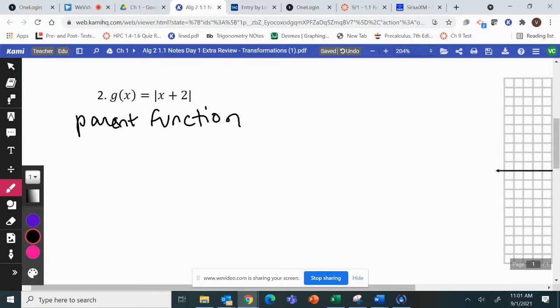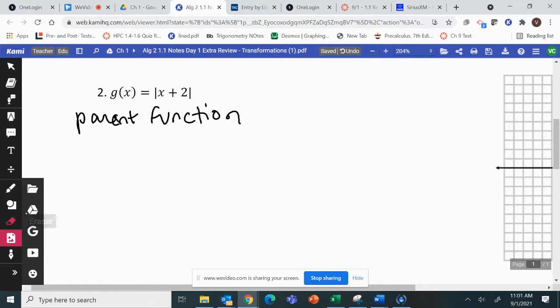Sterling, what's the family name? Don't know. Hold on, I was asking Sterling. Sorry. No, don't know. Okay, so can you read to me that equation? G of x equals? X plus 2. You're missing something. What are these?